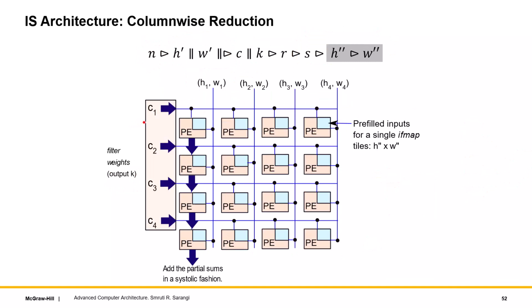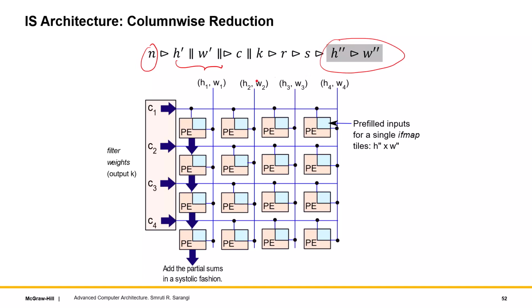Similarly, we could have a different IS architecture, where again we go image-wise and look at a chunk. In this case, we parallelize based on the input channel. We consider output sequentially, which we were doing earlier also.